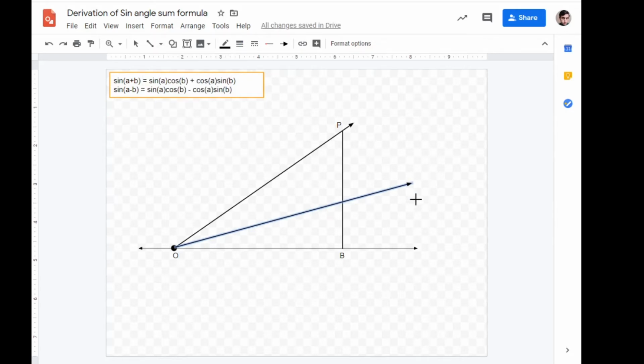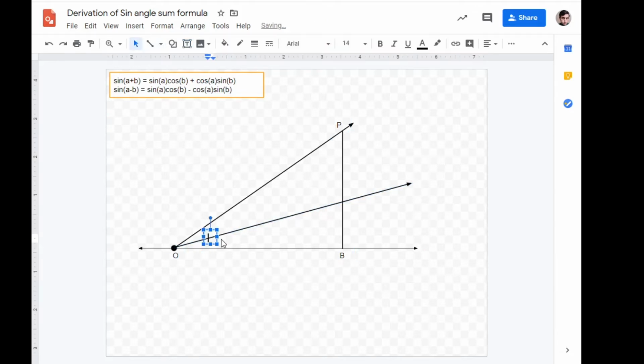We're going to call these two angles different names. So this angle here, the top one, we're going to call that angle B. And the bottom one, we're going to call that angle A.